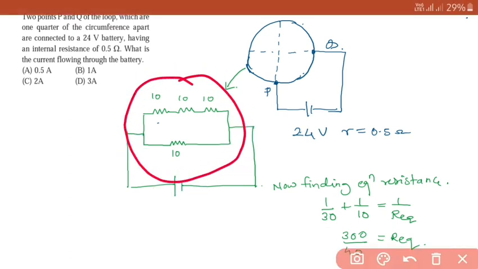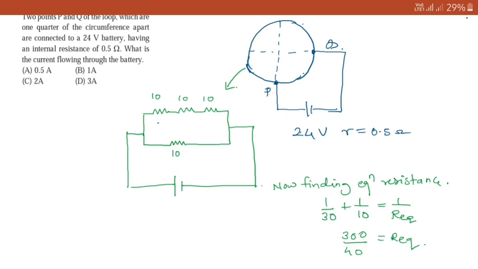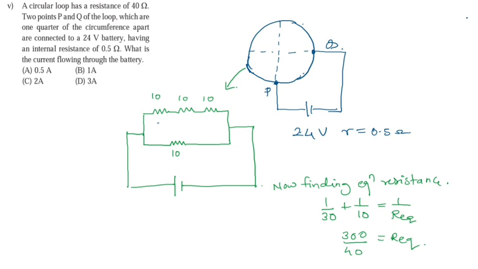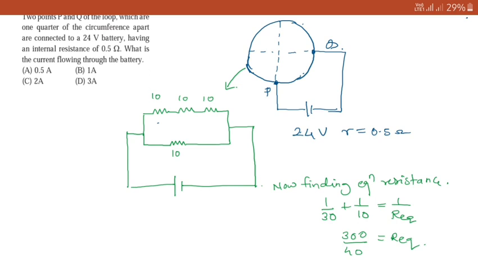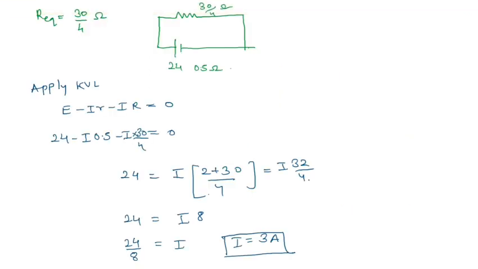These 3 parts represent the other 3 curves which are in parallel combination with this wire, and the resistance of each is 10 ohms. So first of all I will find the equivalent resistance of this circuit. 1 by R equivalent is equal to 1 by 30 plus 1 by 10. So R equivalent will be 30 upon 4 ohms.